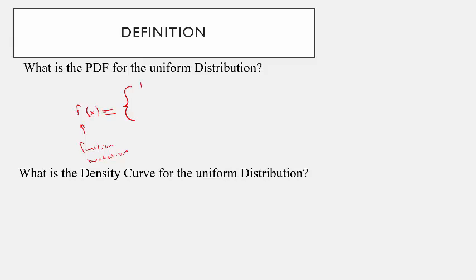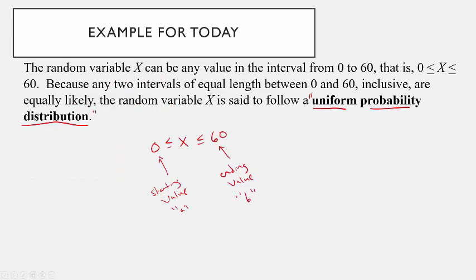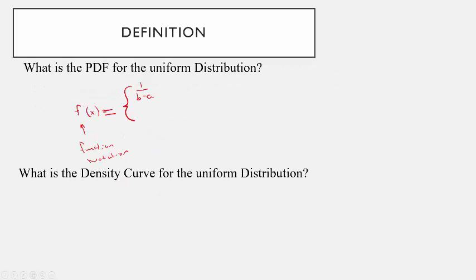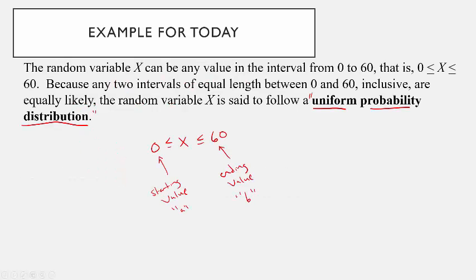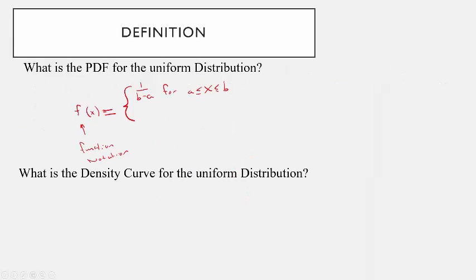It's equal to 1 over b minus a. Where does the b and a come from? Remember I said think of it as your starting value and your ending value. For x between a and b. And then when you get outside the possible values of a and b, like you can't have any values below a or above b, we're going to say this function is equal to 0 otherwise.